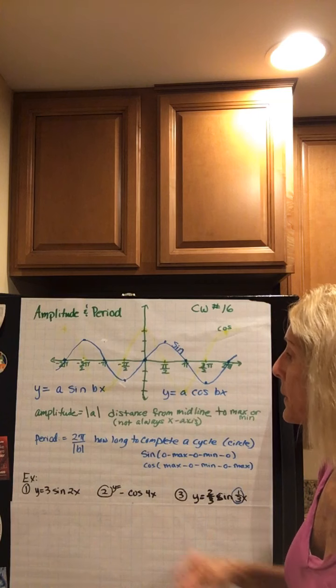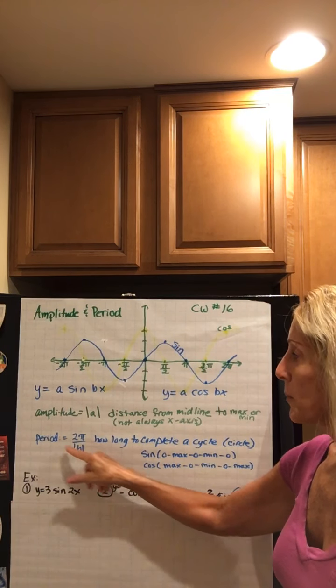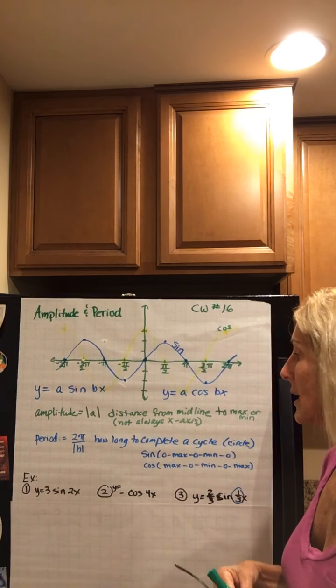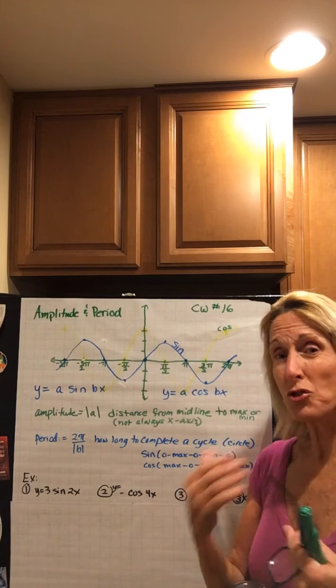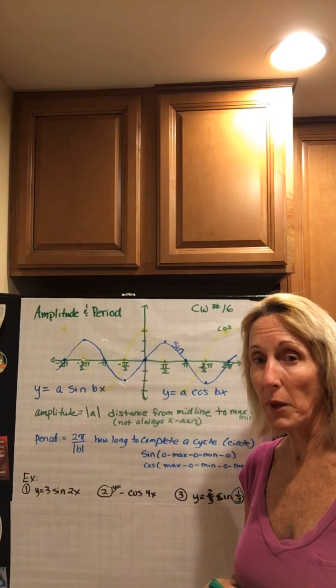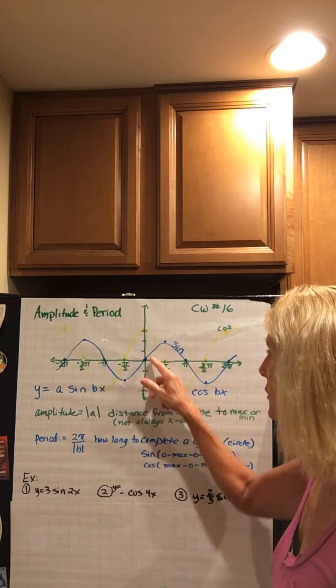Okay, the period, and this is the formula for period. A period is like a cycle. A cycle is how long it takes you to complete a circle. Now, if you think about it, a unit circle is 2 pi. Well, 2 pi is not always the answer, but look.